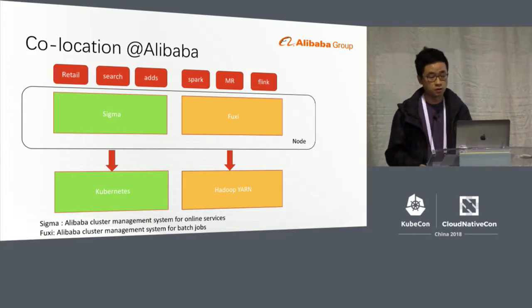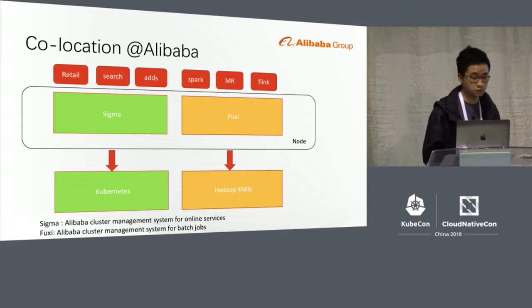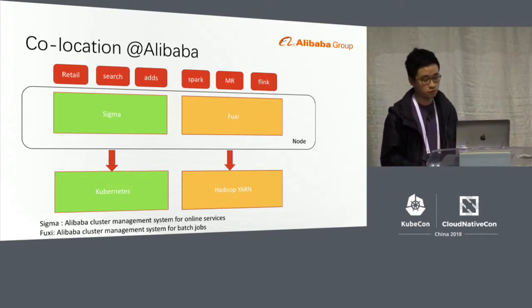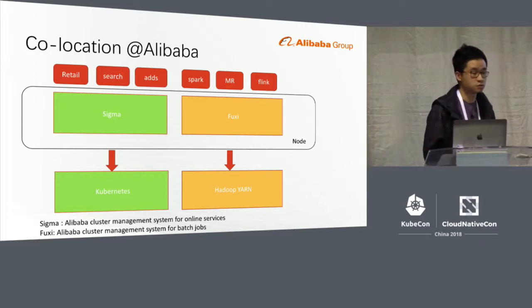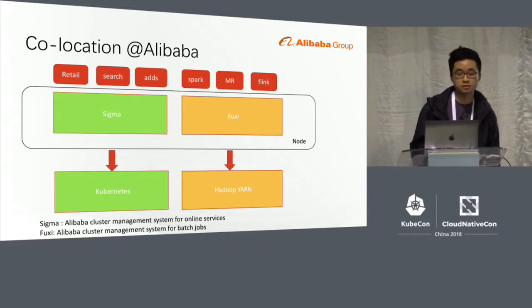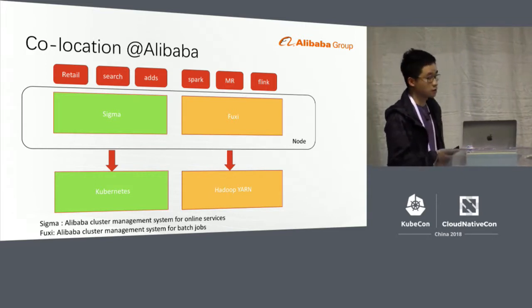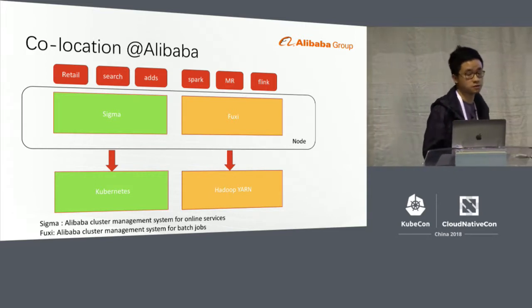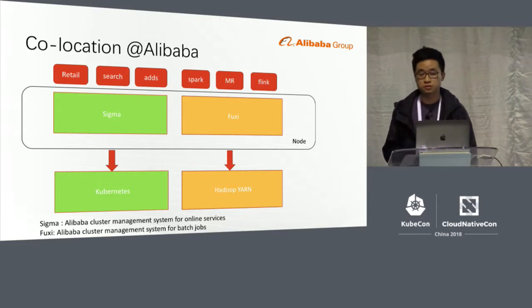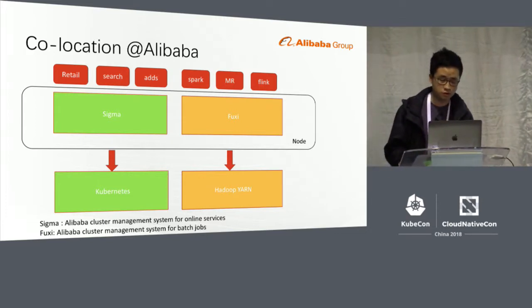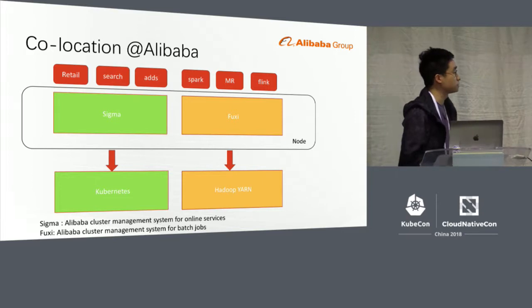Previously, I was talking about the Alibaba status quo. Co-location technologies in Alibaba are fairly mature. We have withstood the test of different rounds of Double 11 events. During Double 11, our co-location technologies withstood thousands of transactions and data.